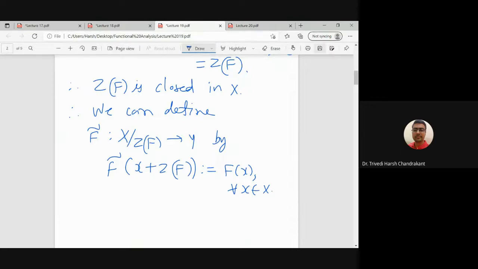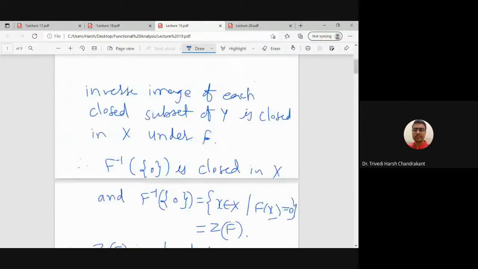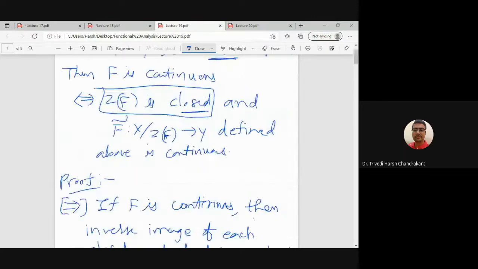Now what next do we want to prove? We want to prove that f tilde is a continuous function.